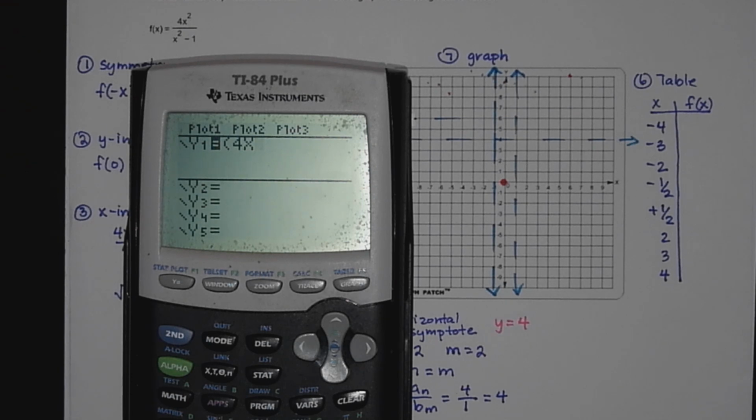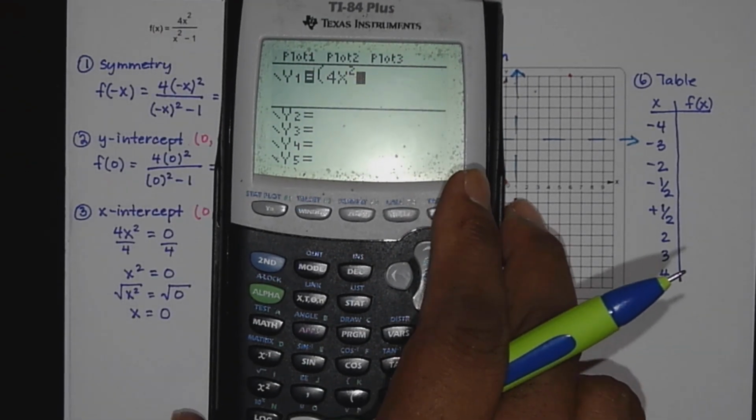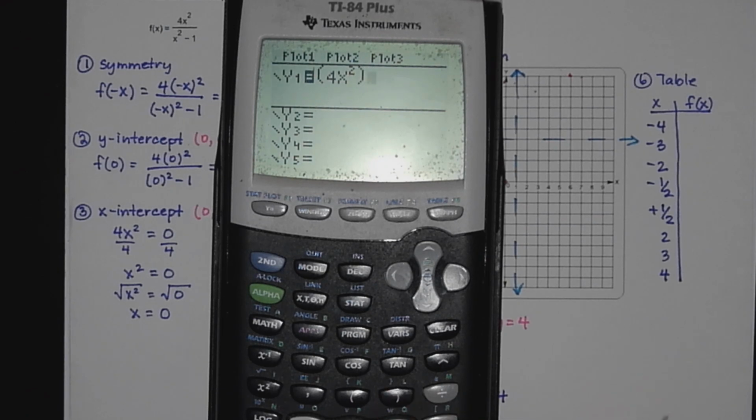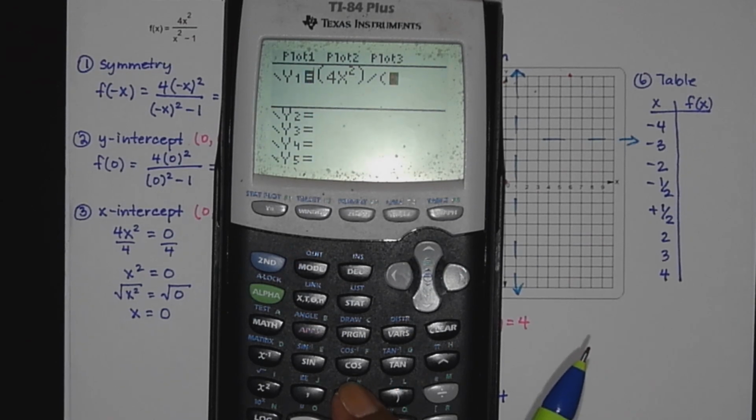And then it's squared, so I use the x squared button to square it. Close parentheses. And then that's going to be divided by the denominator, which will be in parentheses as well. So left parenthesis, X,T,theta,n for the x, and then press the x squared button to square it, minus 1. Close parentheses.